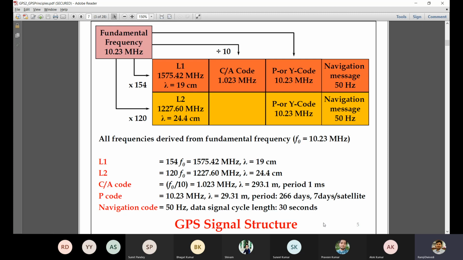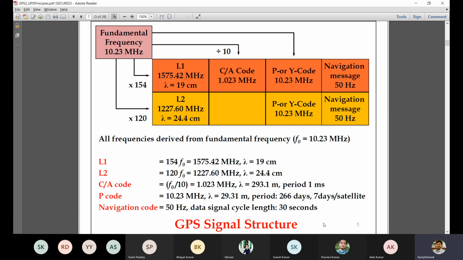The purpose of saying this is that at the time of GPS, these two carriers, L1 and L2, were the fundamental frequencies.